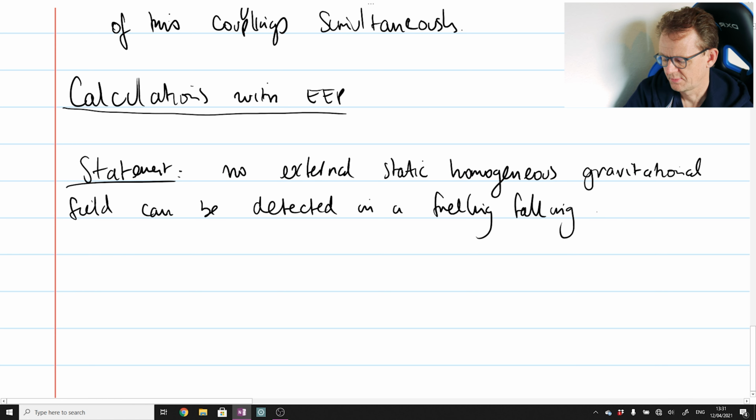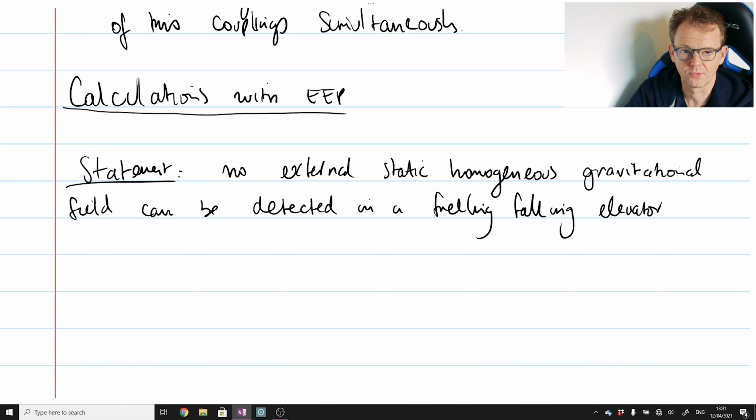These words are very important, as you'll see. This is one of these classic thought experiments of Einstein, Einstein's elevator. No external static homogeneous gravitational field can be detected in a freely falling elevator.